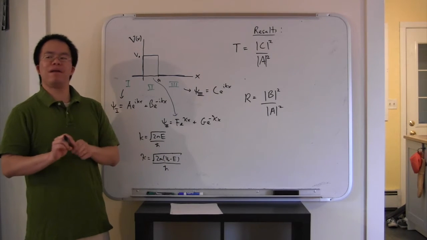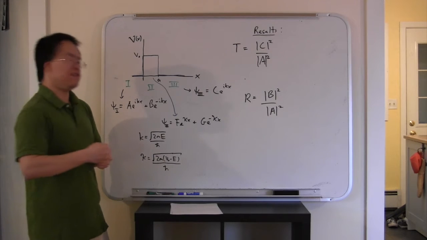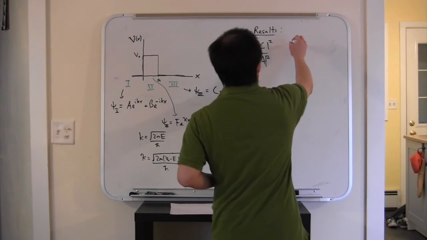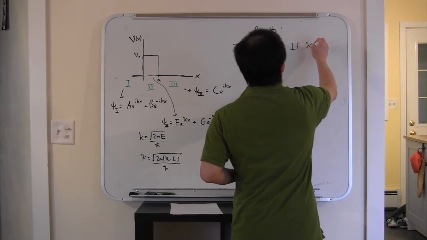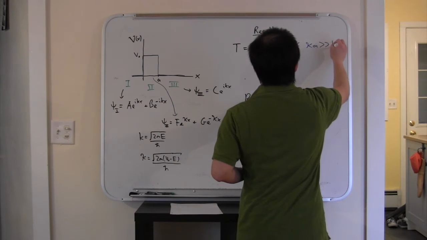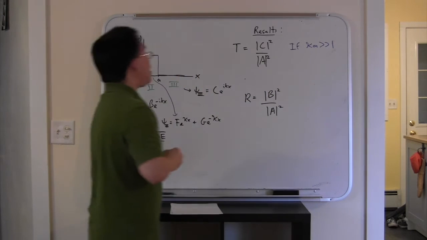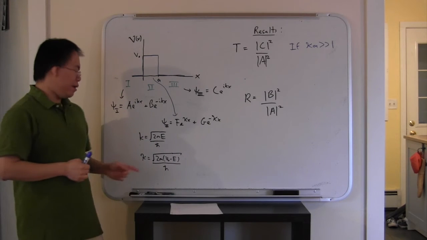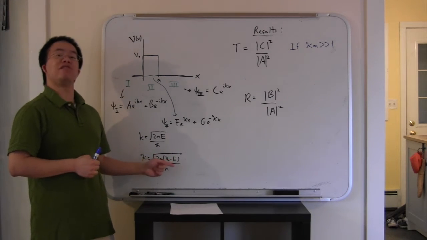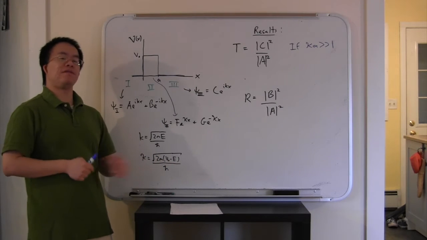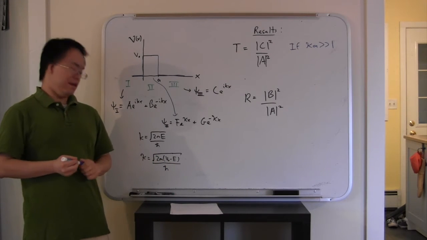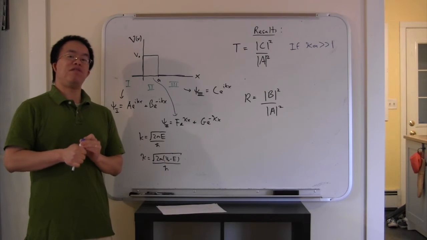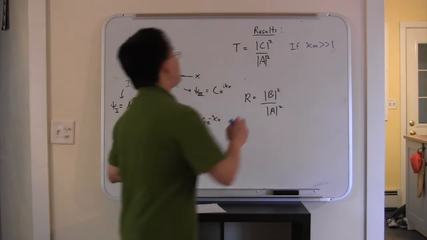But there is one limiting case that is instructive. Namely, if kappa A is much larger than 1, so if we have a wide barrier and the energy is low relative to V naught, it turns out that the transmission coefficient has the following scaling.